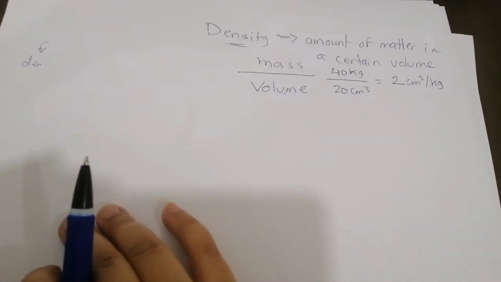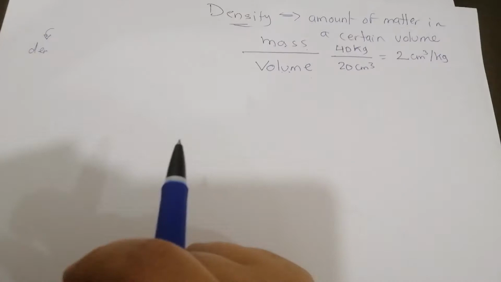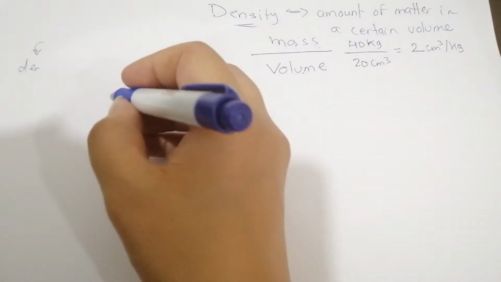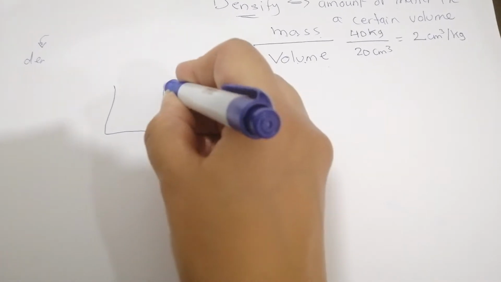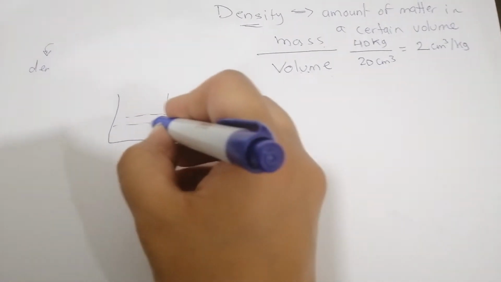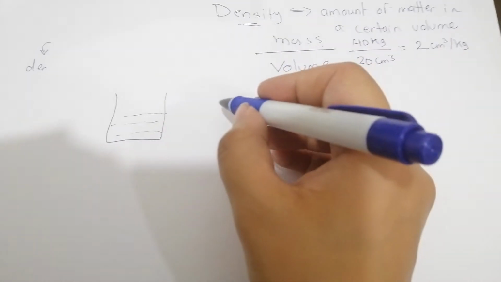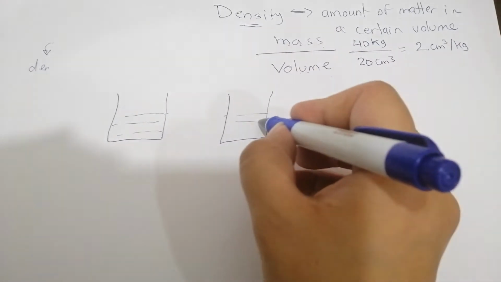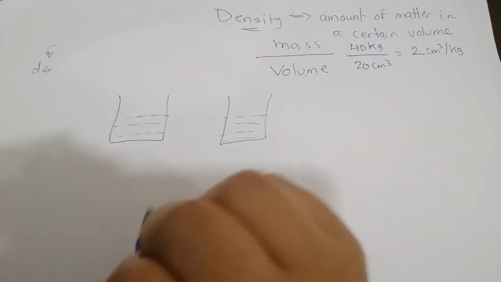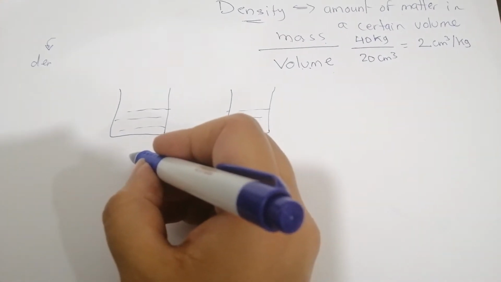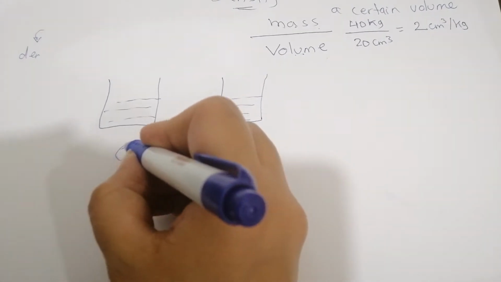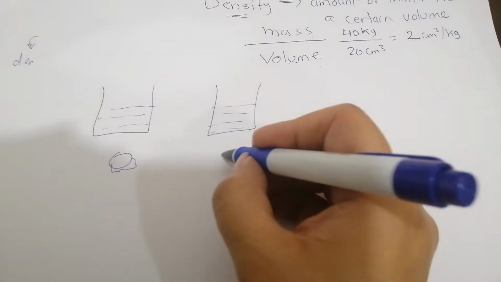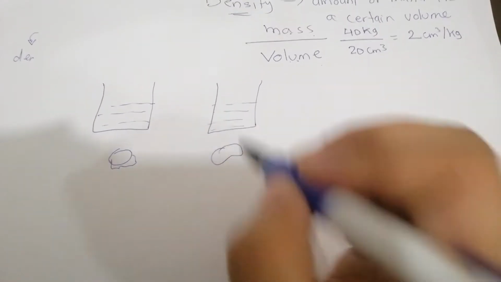The density can tell us if something floats or sinks in a liquid. For example, if I have a beaker that has water, and another one that has the same amount of water, and I have a plastic cover of a water bottle, and I have a stone.